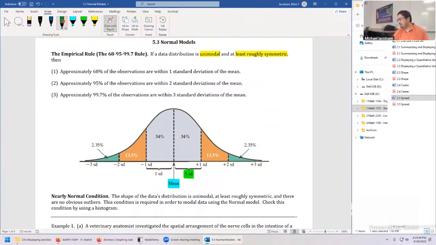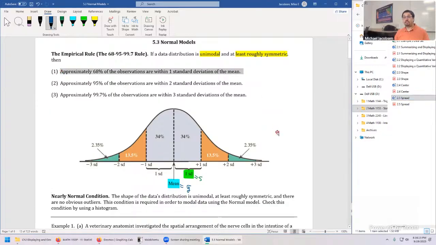There it goes. We usually write S for standard deviation. For mean, we often write Y bar. We'll look at different ways to describe these things, but for the moment, this is the tie-in from section 2.5.